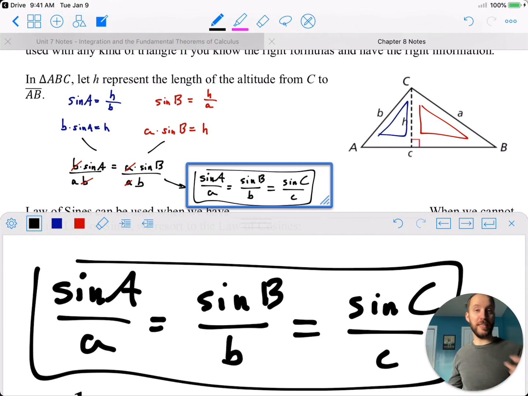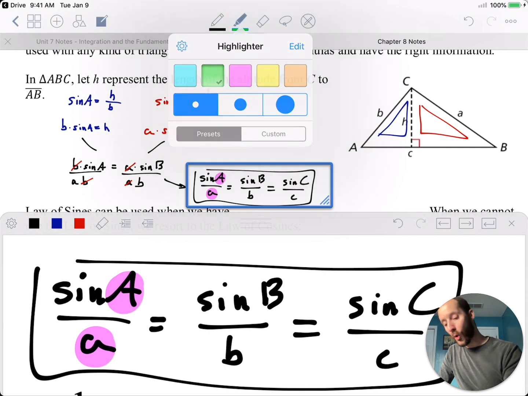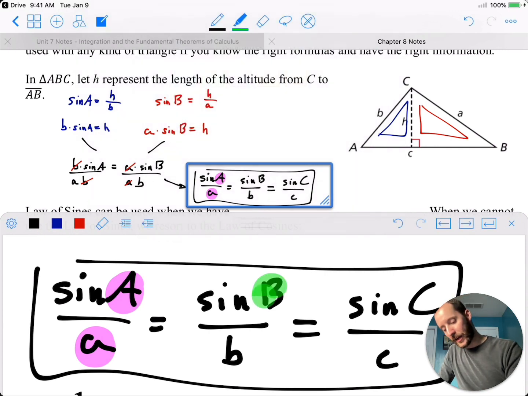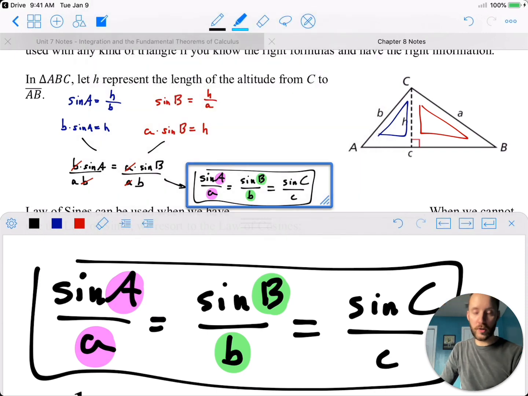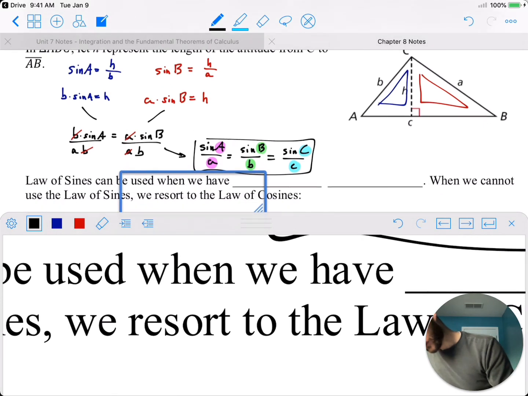So, for example, you need both angle A and side a, or both angle B and side b, or both angle C and side c. So you need one of those pairs of opposite information, an angle and its opposite side.